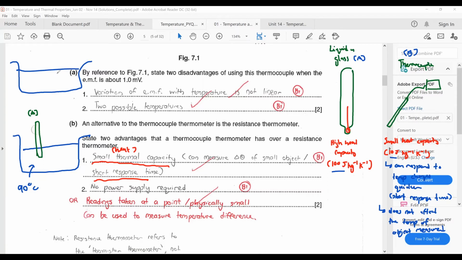You have your thermocouple B put inside here. This is a thermocouple B. This one is also at 90 degrees centigrade.